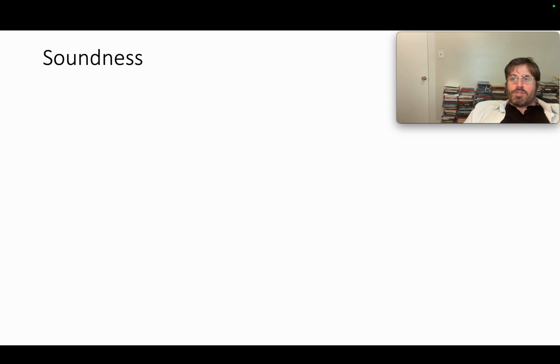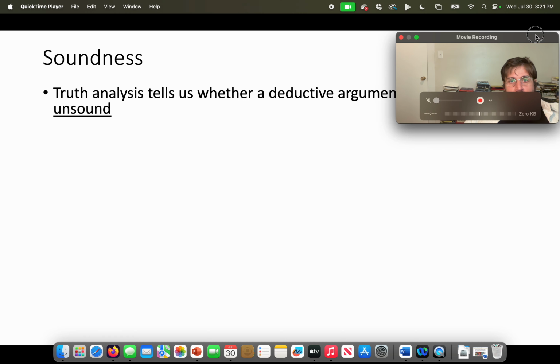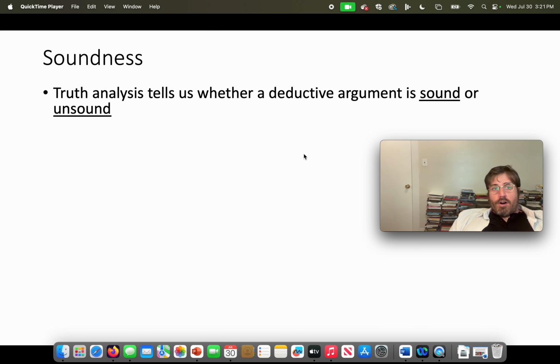But I want to move on just before ending to a new property of arguments, just to keep the ball rolling, and that category is soundness. We've talked about validity and invalidity, but soundness is a different property. Soundness refers to whether or not a deductive argument really is true or false. It has to do with truth value rather than structure.